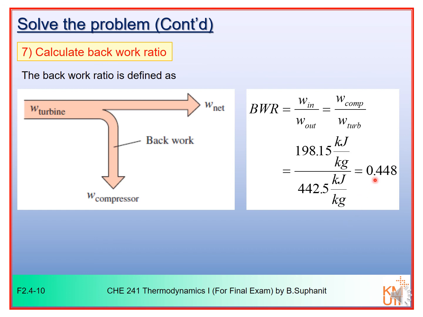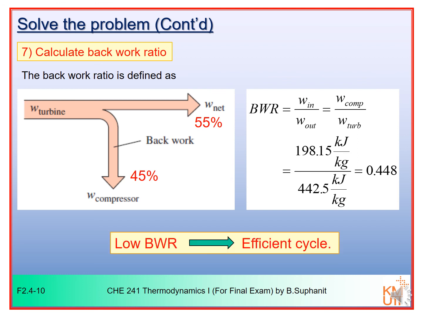It means that for 100% of work generated by the turbine, around 45% will be used to drive the compressor, and the remaining 55% will be useful work to drive the generator. Any cycle with low back work ratio will be an efficient cycle.